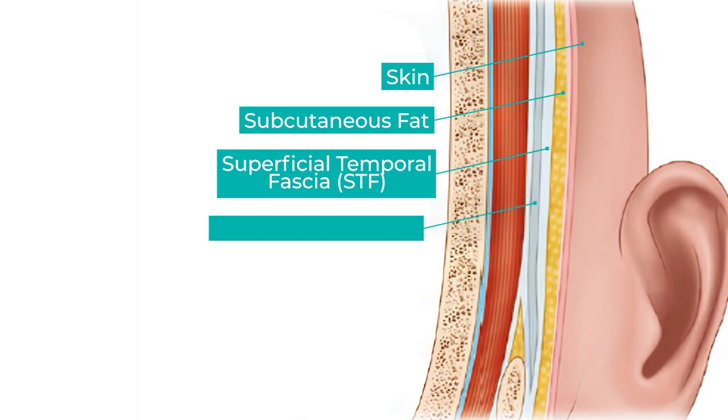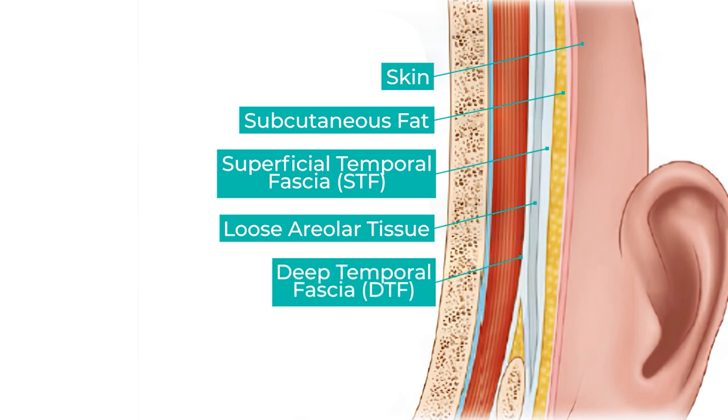Next layer is the loose areolar tissue, which lies beneath the superficial temporal fascia. This tissue layer allows the galea aponeurotica in the forehead and temporal fascia to move relative to the underlying deeper tissue. And then deep to the loose areolar tissue, we have deep temporal fascia.